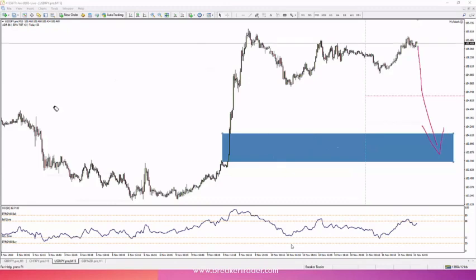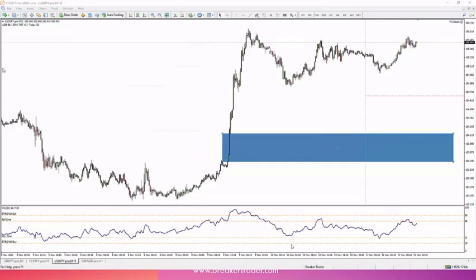The problem is we don't know when this is going to happen, how long it's going to take to get there. But we do know there's a high chance of price coming back down and filling this in. So our bias on this pair at the moment, temporarily, can be short because we're expecting price to come down here. So we should be looking for short opportunities in the market right now.